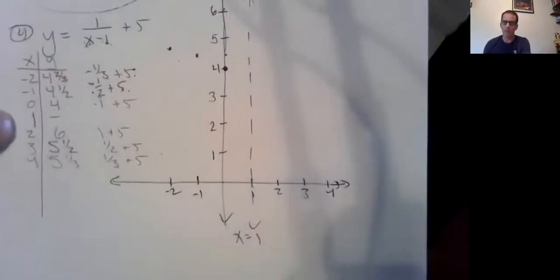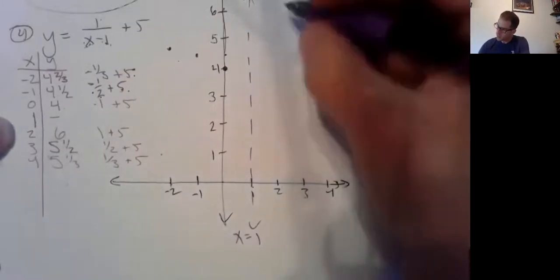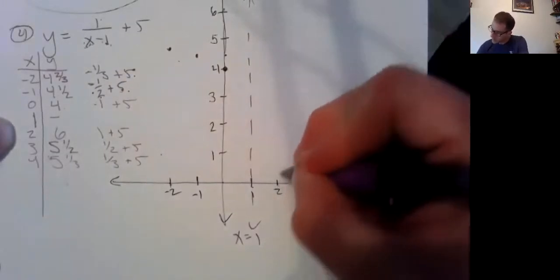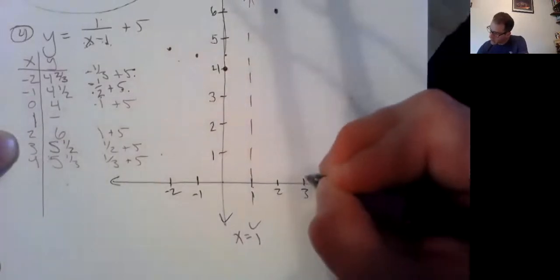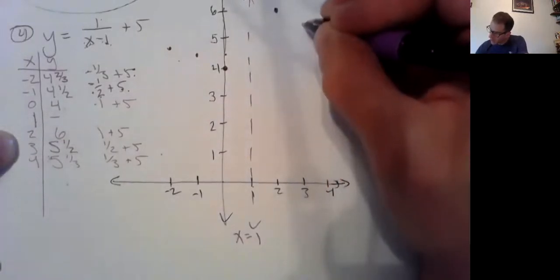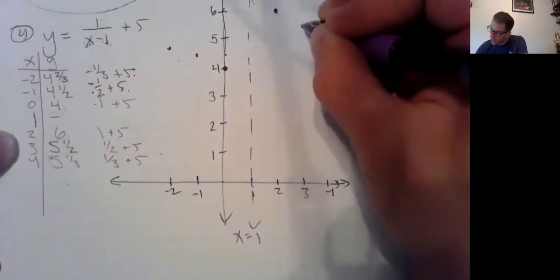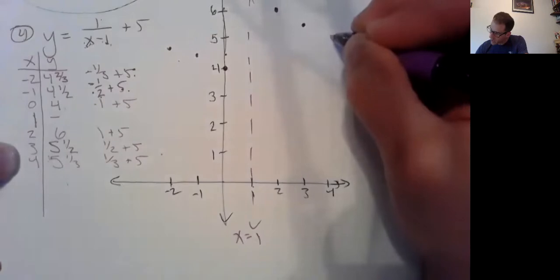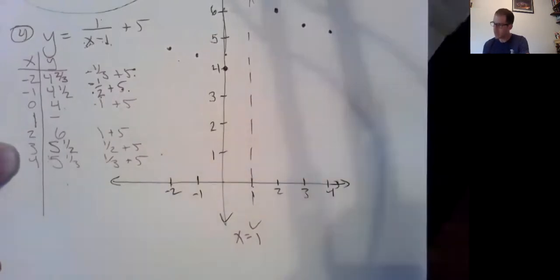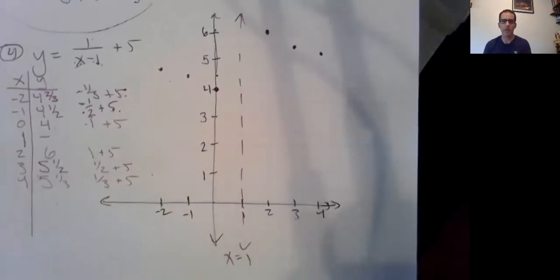Always label. 2 is at 6. 3 is at 5 1/2. 4 is at 5 1/3, so a little bit under a half. Okay, so this is, I don't know, I'm a little scared.